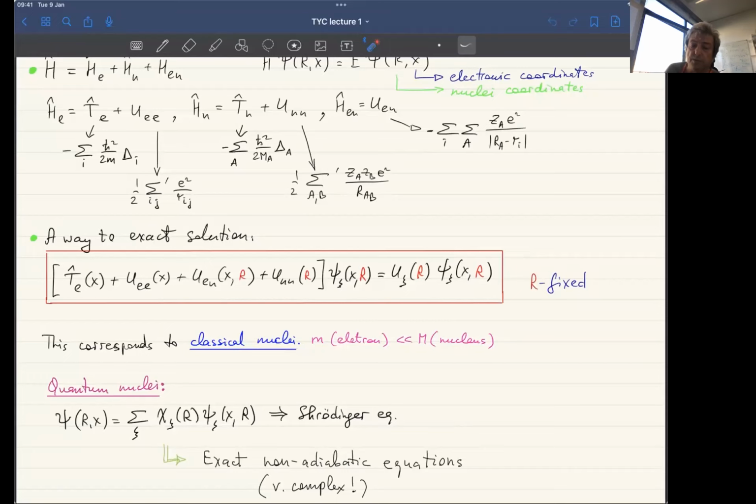If we really want to be more precise, we would need to mix these different wave functions corresponding to the ground and excited states, and that can be done by considering this linear combination.